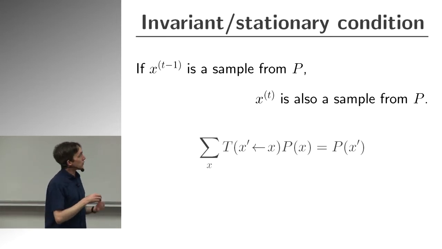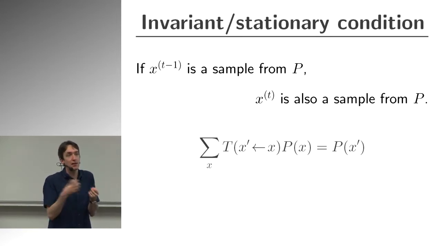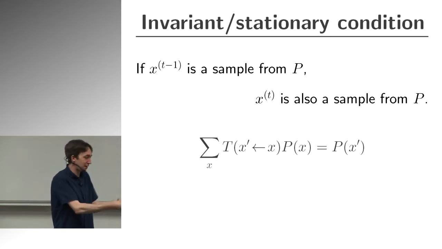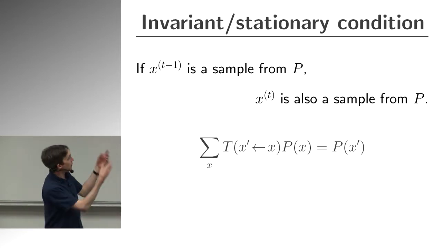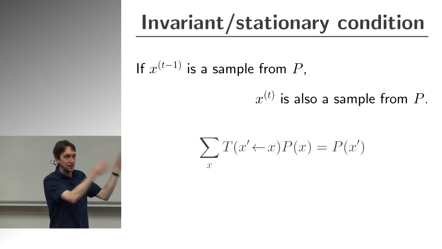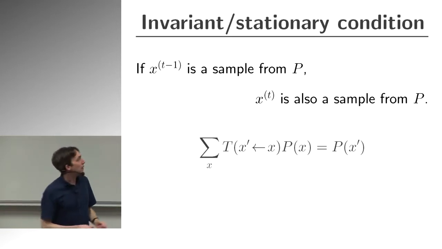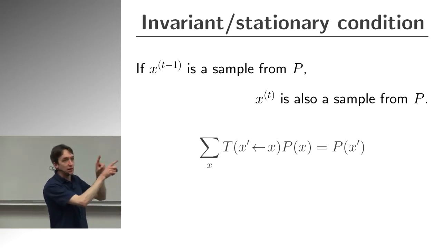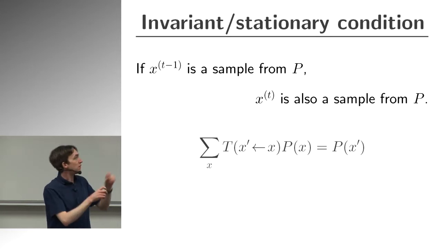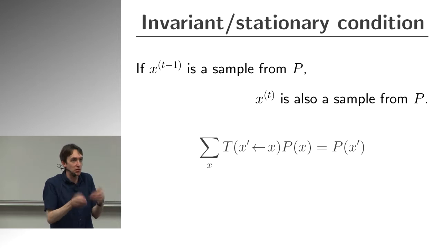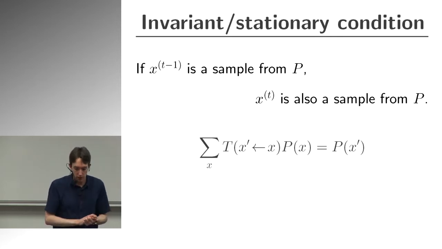It's a way of generating a sample. You start off with a sample and then you mutate it. It's like making yogurt. If you want yogurt, you need to start with yogurt and you make more yogurt. If you want a sample, you need to start with a sample and then you take a step and you get another sample. Those two samples are correlated. x and x prime are related to each other. But if you threw away the original place you started, x, x prime is just as good a sample as the original.